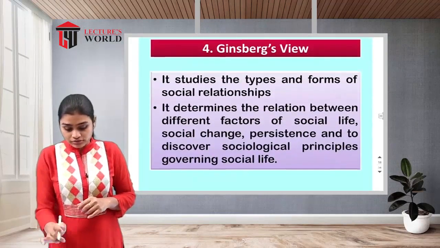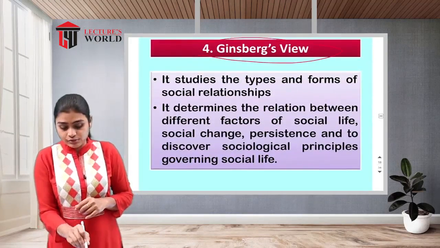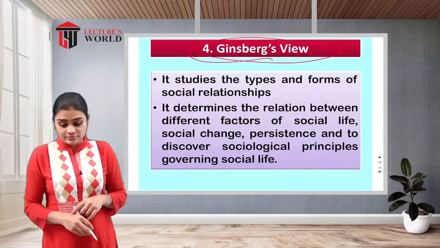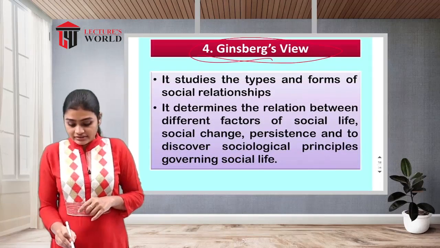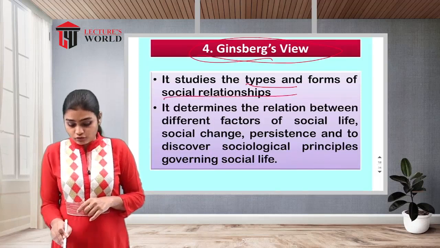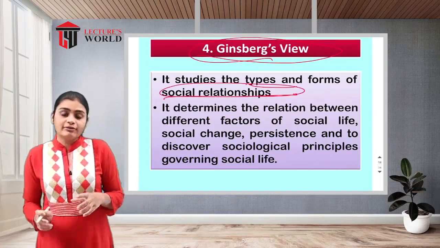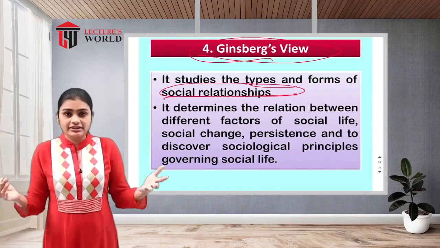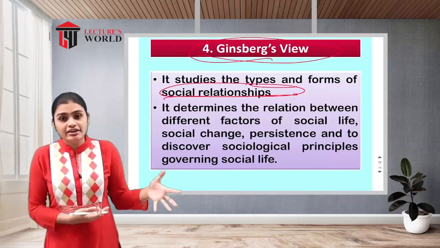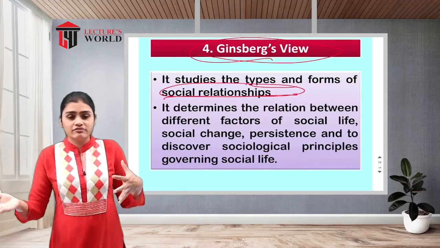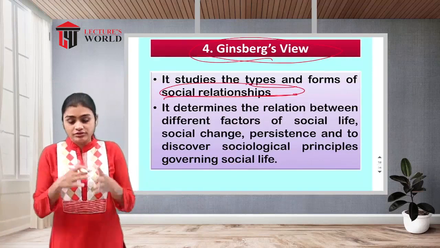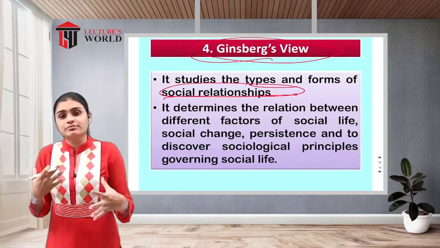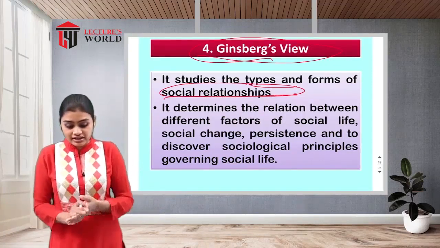The other view is Ginsberg's view. As per Ginsberg's view, it studies the types and forms of social relationships. What type of relationships we have in the society, in religion, in politics, or in the family. In all the areas, what type of relationships we have has been studied under this.